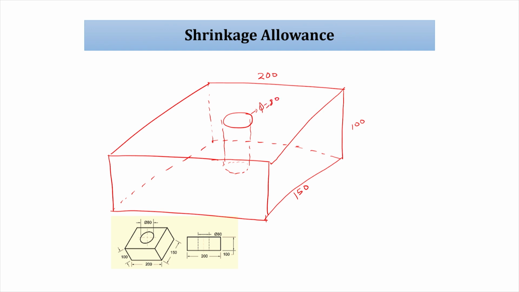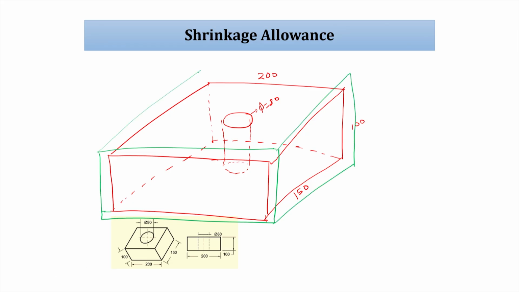Now, the new dimension will be bigger. The new dimension will be 155.2, 103.43, and 200 will convert into 206.85, and the new phi will be 77.28.